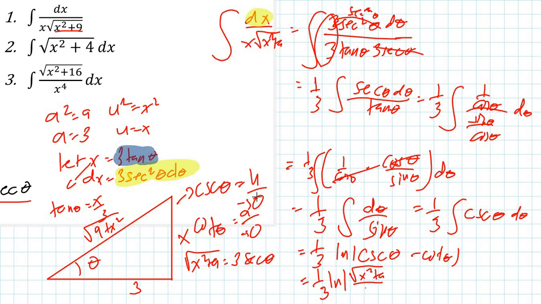So since cosecant has something over x, this is square root of 9 plus x squared over x. Cotangent is 3 over x, so together they have the ln of square root of x squared plus 9 minus 3 all over x.